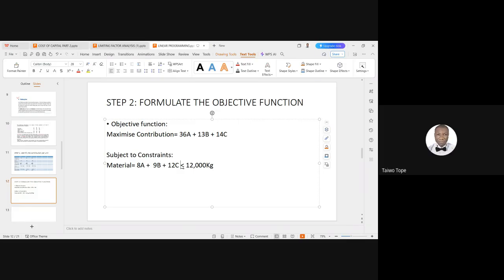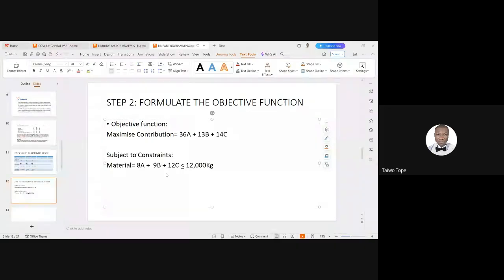In case you tend to forget, look for a way to always remember. So this is the expression for material.